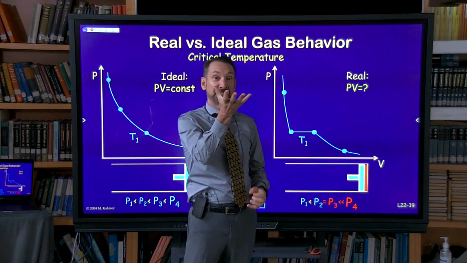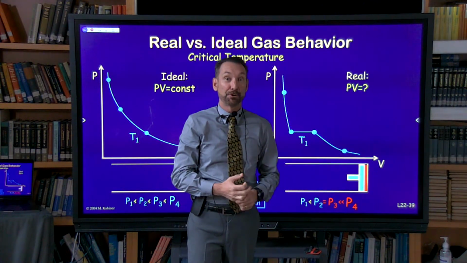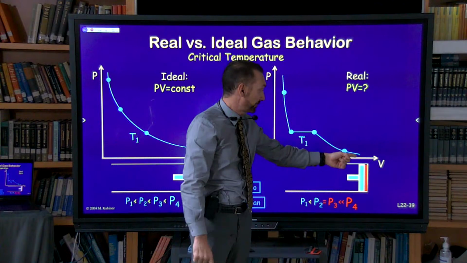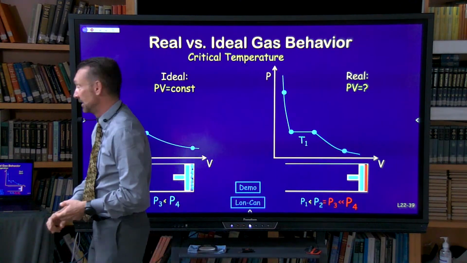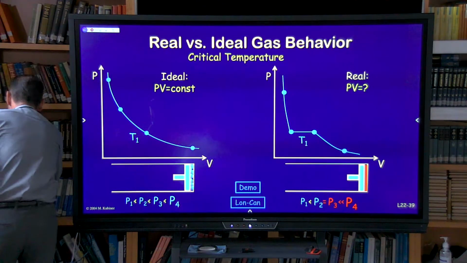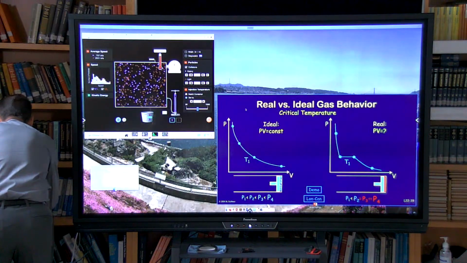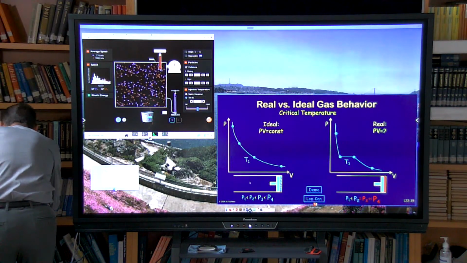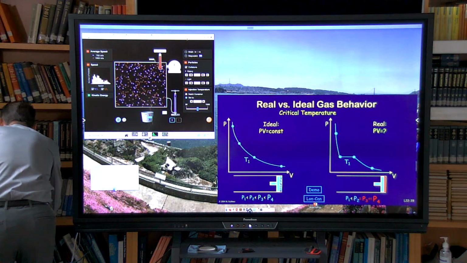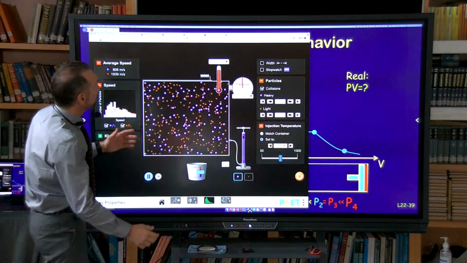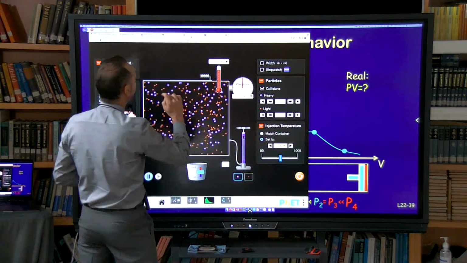So you'd get that same dramatic change in pressure if there was a temperature change or a volume change. Temperature is easy to do. Volume's easy to do too.